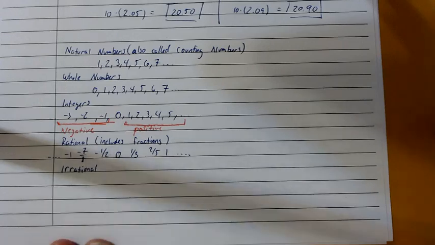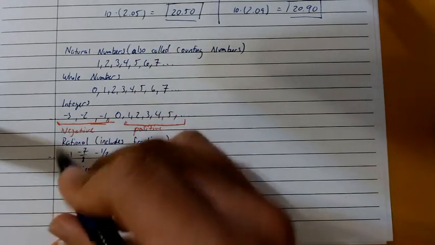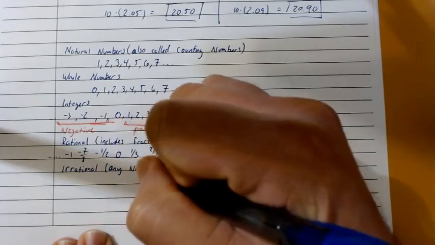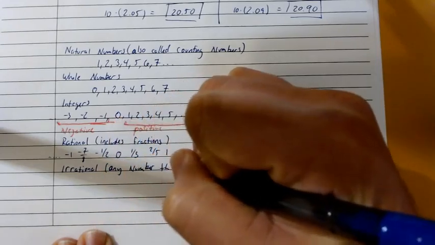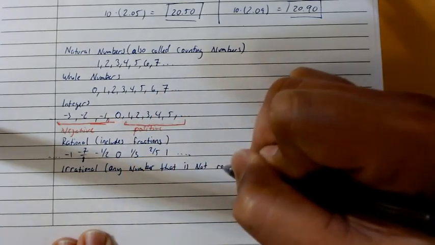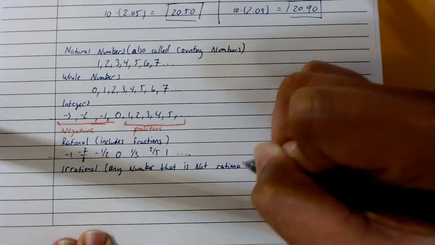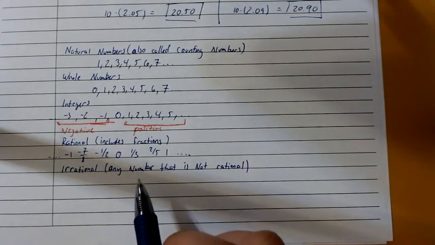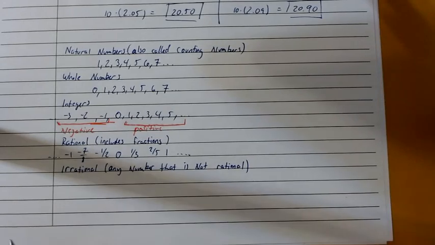So what is an irrational number? Well, again, by definition, it's really just any number that's not rational. But again, what does that mean? Can you give me an example?